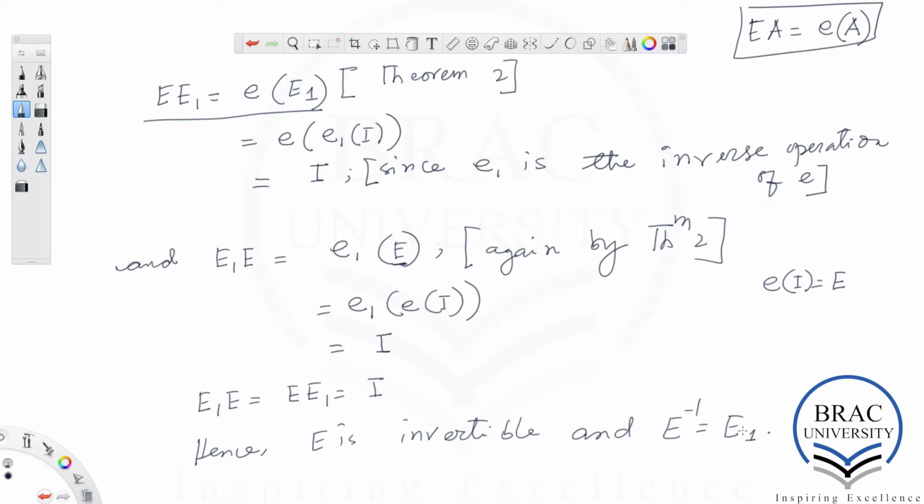Okay, this is what we wanted to prove. We wanted to prove that an elementary matrix is invertible. QED.